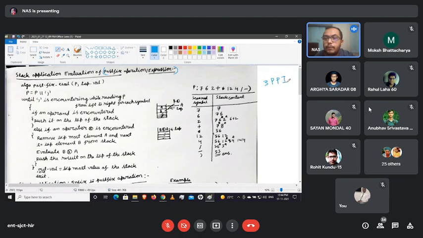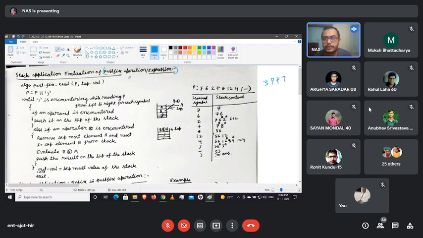So for postfix, what happens? For postfix, our data is operand and then operator.